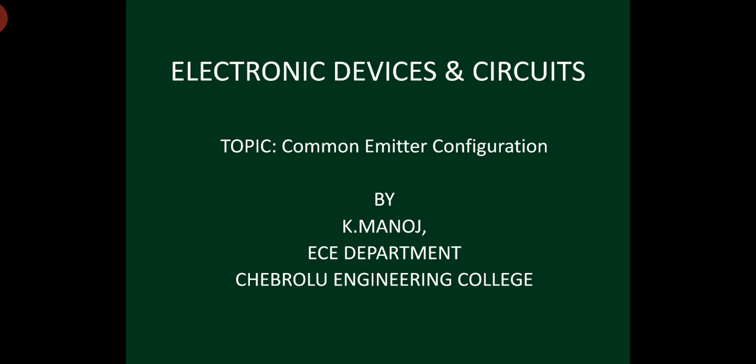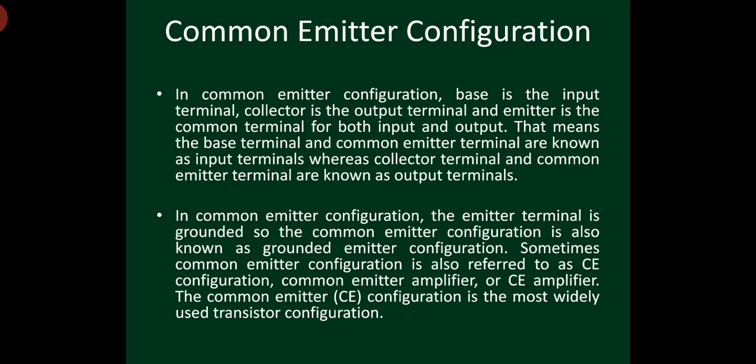So in common emitter configuration, base is the input terminal, collector is the output terminal, and emitter is common for both input and output. That means the base terminal and common emitter terminal are known as input terminals, whereas the collector terminal and common emitter terminal are known as output terminals, right?